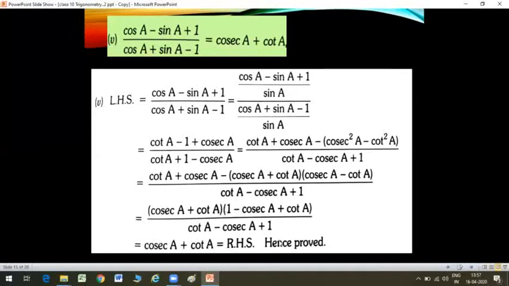So divided by cot A minus cosecant A plus 1. Now cot A minus cosecant A plus 1 is same as 1 minus cosecant A plus cot A. So these two cancelled from the numerator and the denominator, which is equal to cosecant A plus cot A, which is equal to right hand side.